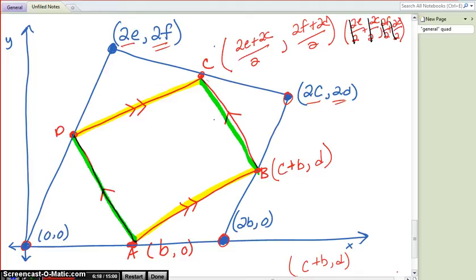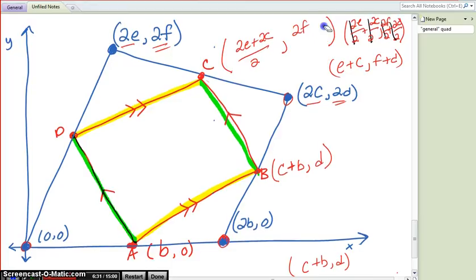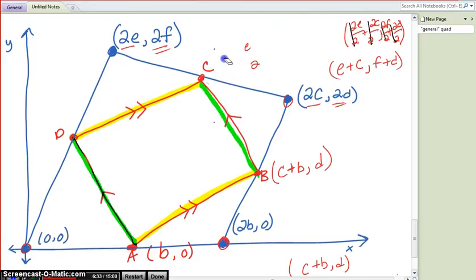And when we simplify, the result is E plus C, comma F plus D. So we're really just using the algebra that you got good at last year, or that you'll practice to get good at this year.